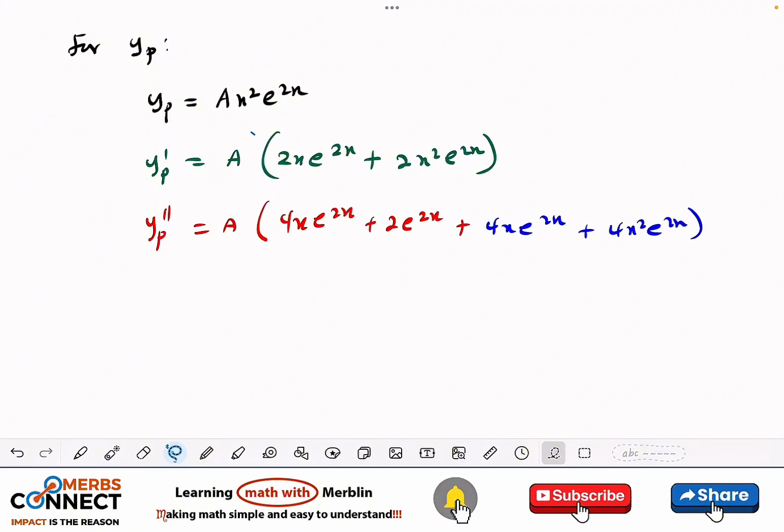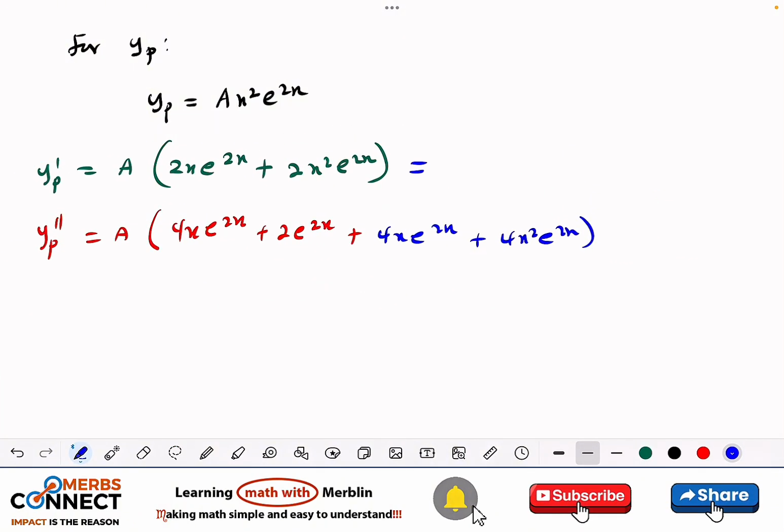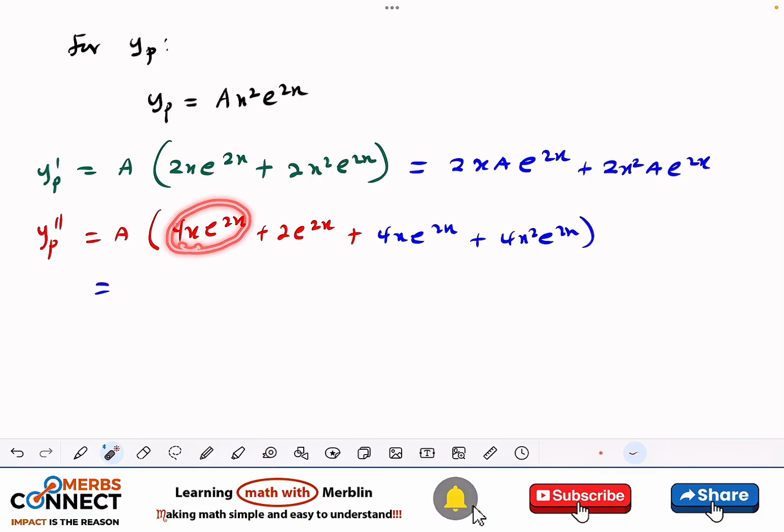So let's see that. Simplify this. So this is going to give us 2xa e to the power 2x plus 2x squared a e to the power 2x. And this is going to give us, now we can see that this term here is the same as this term. So we can add it and get 8.